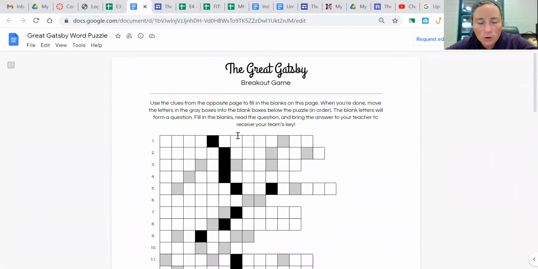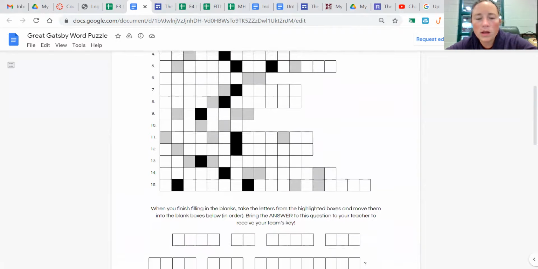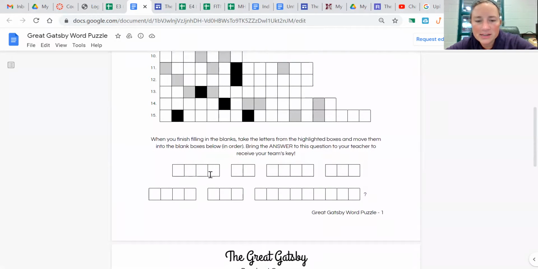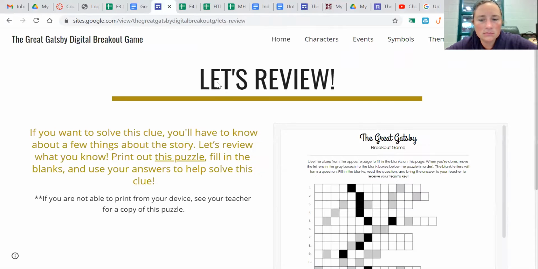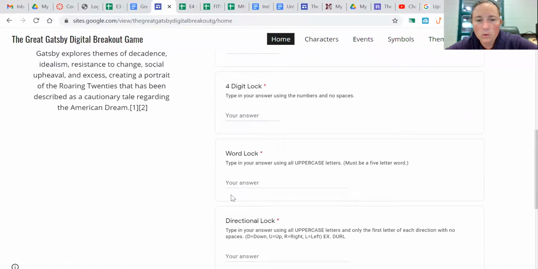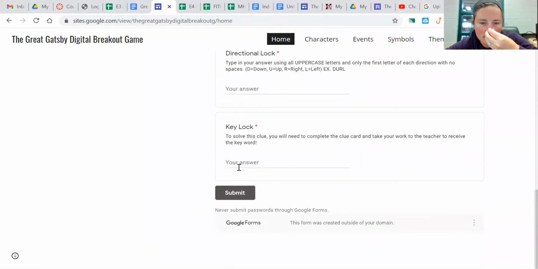And the gray spaces are what you fill in to this key. This key asks you a question that will ultimately be the answer here.